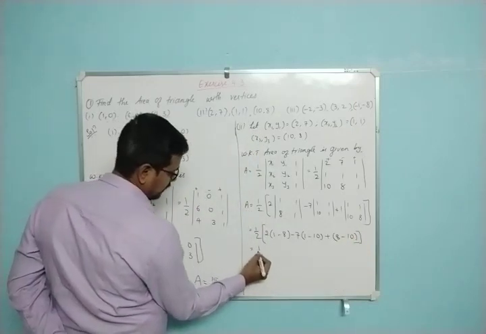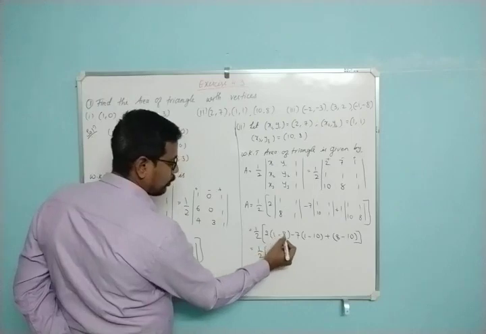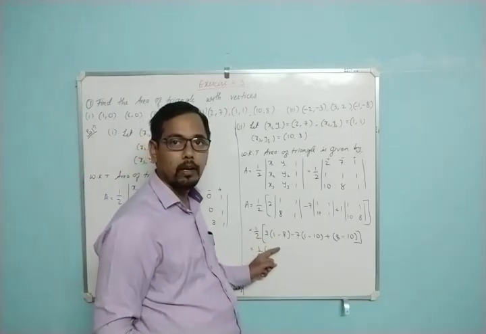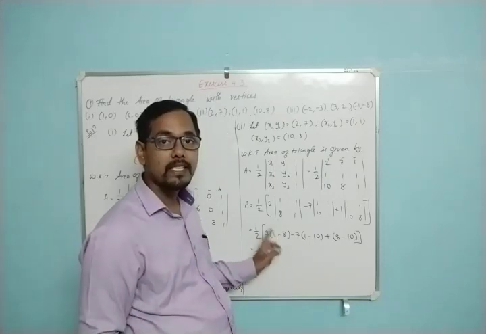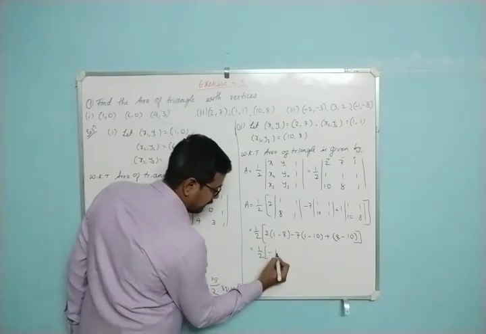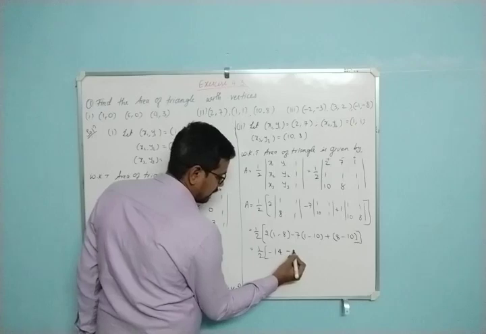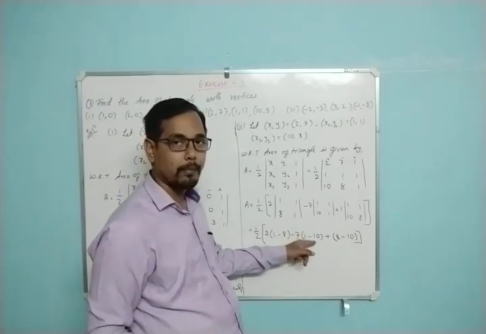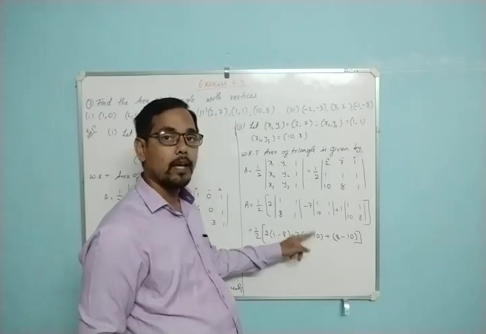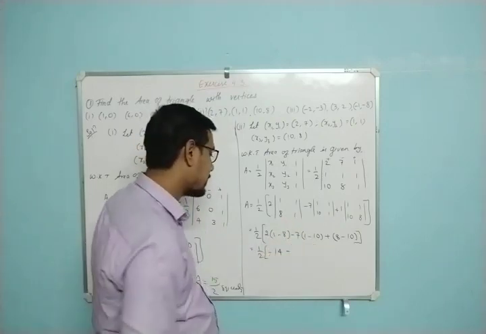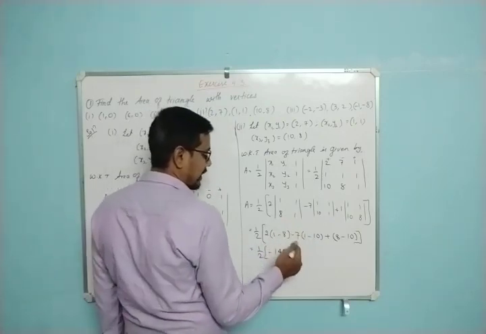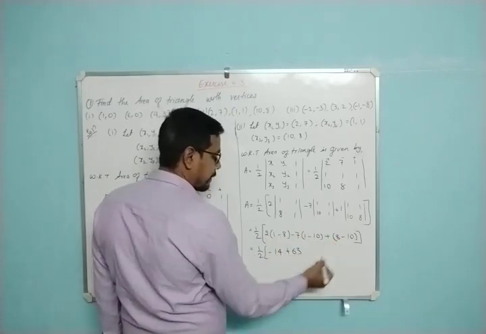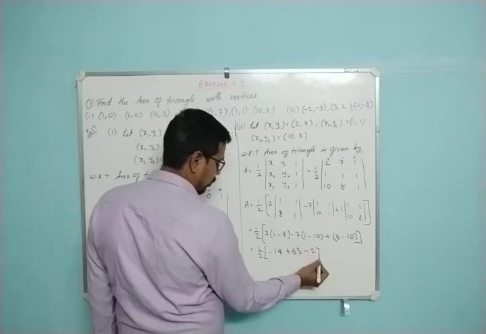So this is half into: 1 minus 8 is minus 7, so 2 into minus 7 is minus 14; minus 7 into (1 minus 10 is minus 9), minus 9 into minus 7 is plus 63; and 8 minus 10 is minus 2.